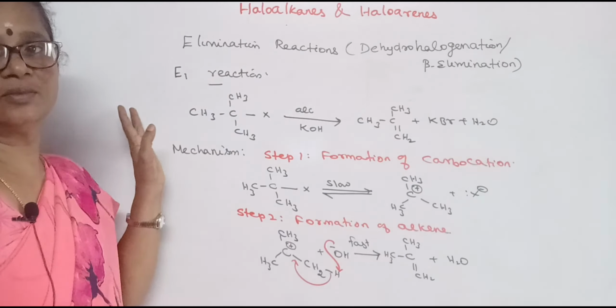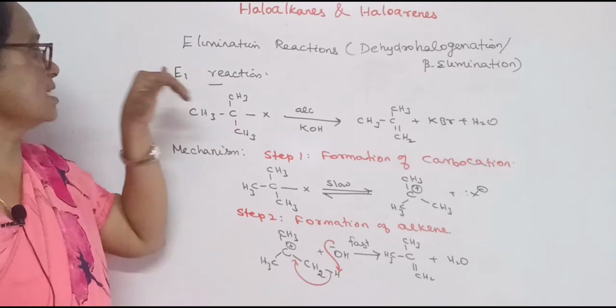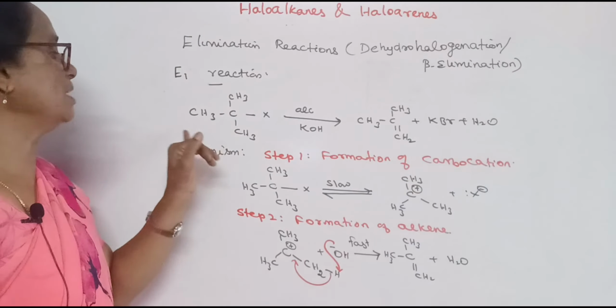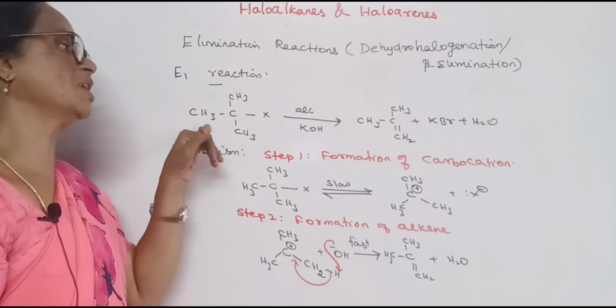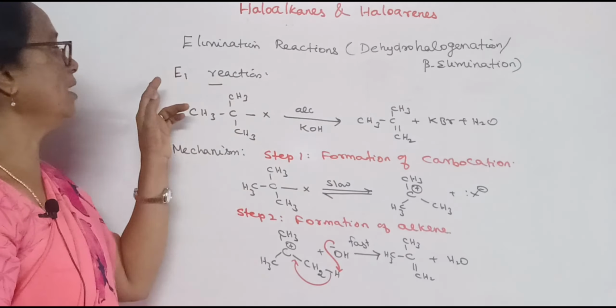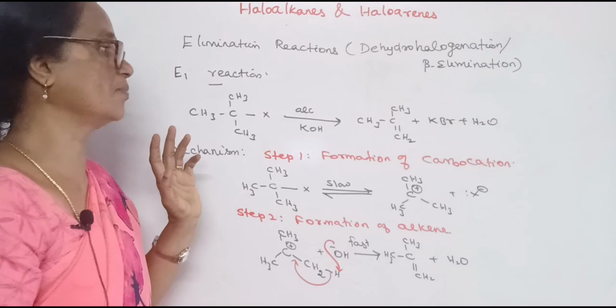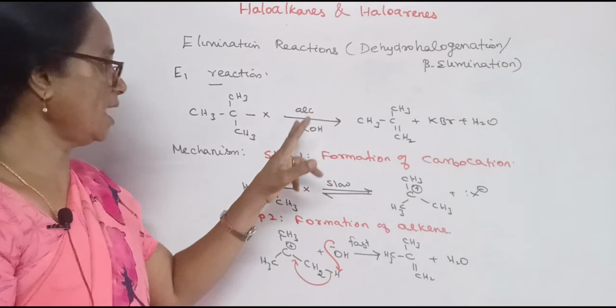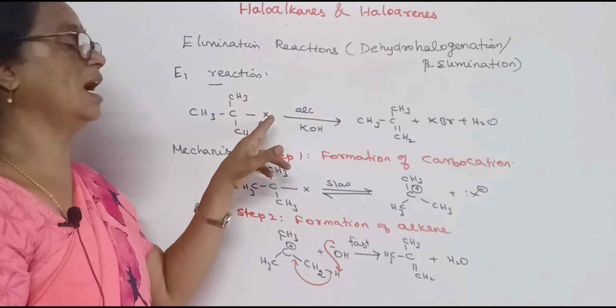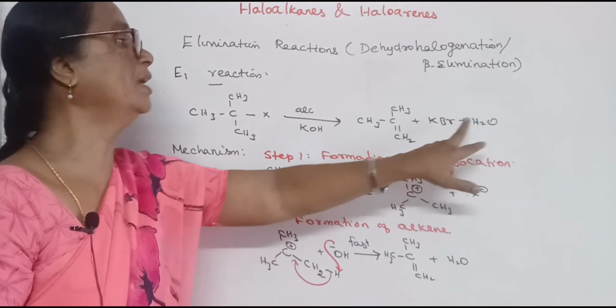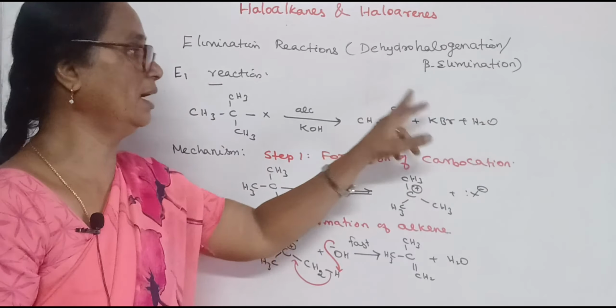E1 reaction. An elimination reaction in which the rate of reaction depends only on the concentration of the substrate, not on the nucleophile, is called an E1 reaction. In this, alcoholic KOH eliminates the halide ion as potassium bromide and water, so we will get an alkene.